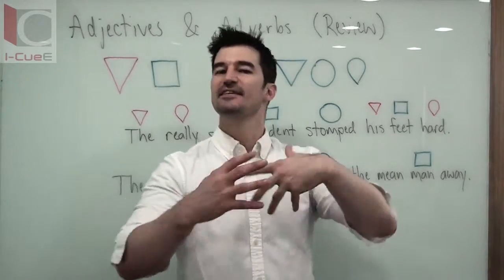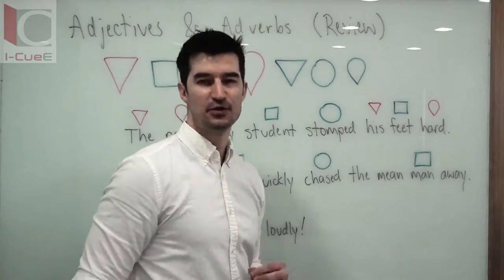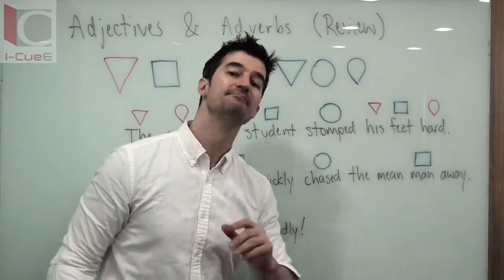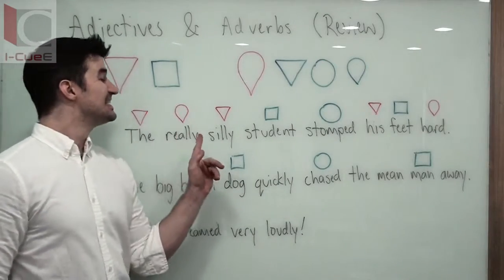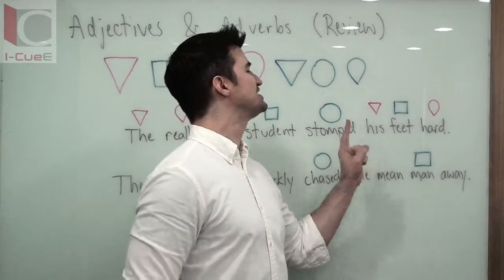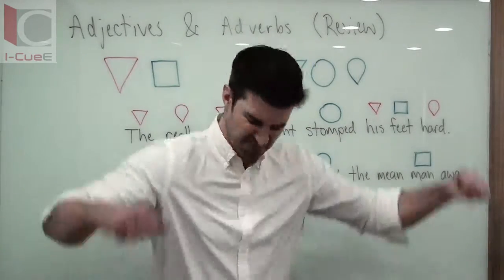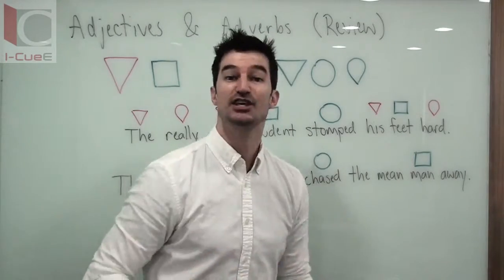So let's give you a little bit of practice and take a look at a few sentences. First, sentence number 1. The really silly student stomped his feet hard. Well, I'm not a student, but you get the idea.